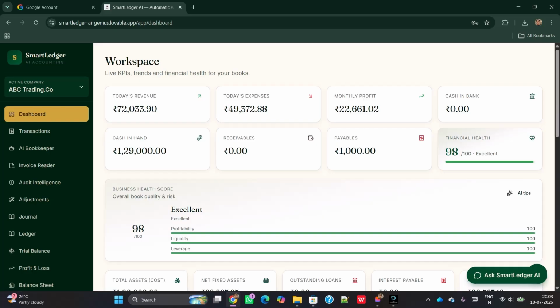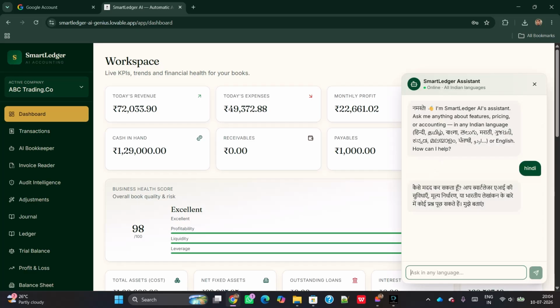Coming to the most interesting part of Smart Ledger AI accounting, that is to communicate directly with the Smart Ledger. Yes, you can communicate directly with the Smart Ledger by just clicking the option Ask Smart Ledger. Yes, the Smart Ledger can talk in any language.